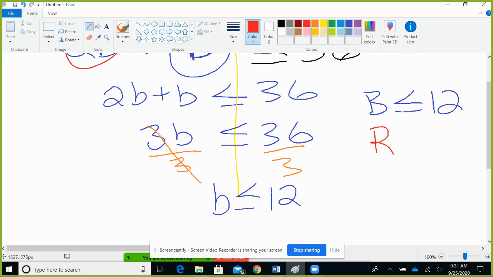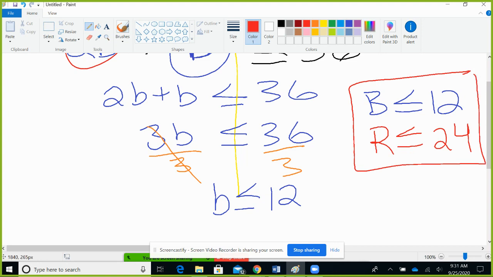Bree, what is red? Less than or equal to 24. Oh, I keep forgetting to put a box around the answer. Make sure you're putting boxes around your answers.